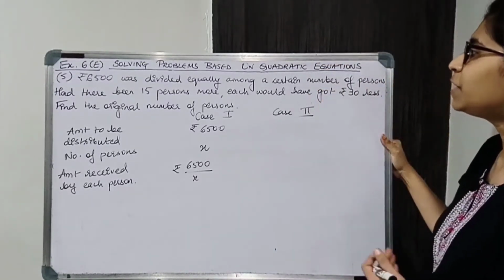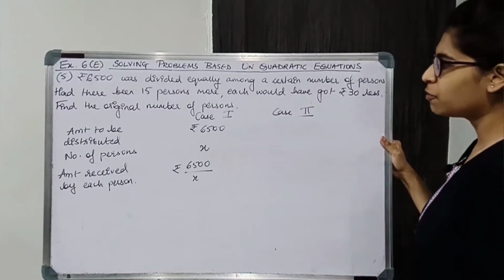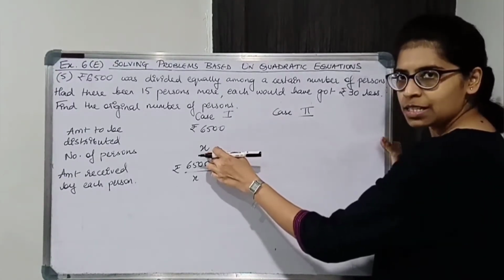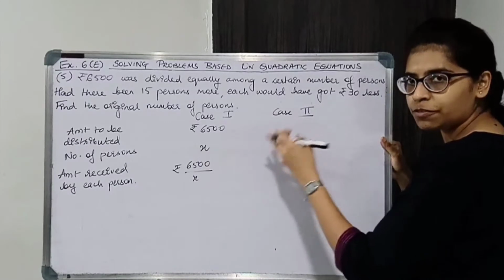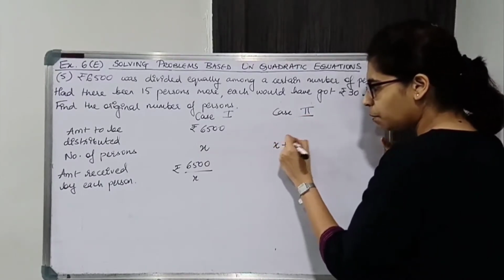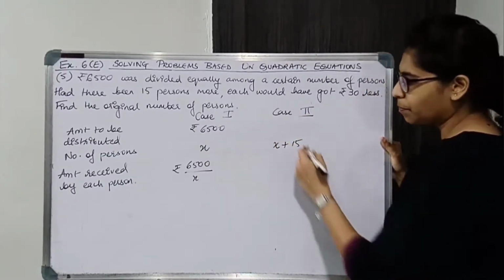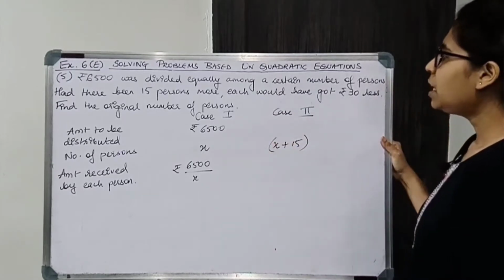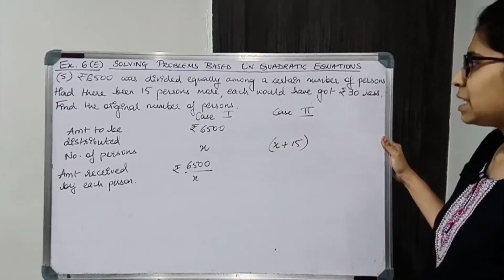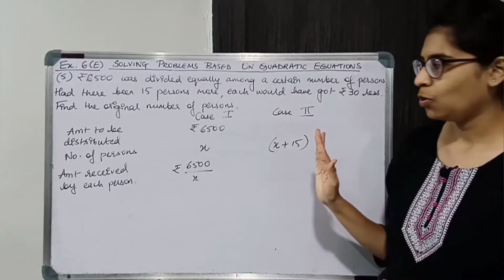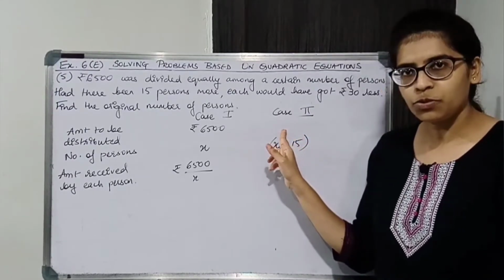Had there been 15 persons more, the number of persons originally is x, now it will be 15 more, so x plus 15. Each would have got rupees 30 less. Now, have they given the amount to be distributed?